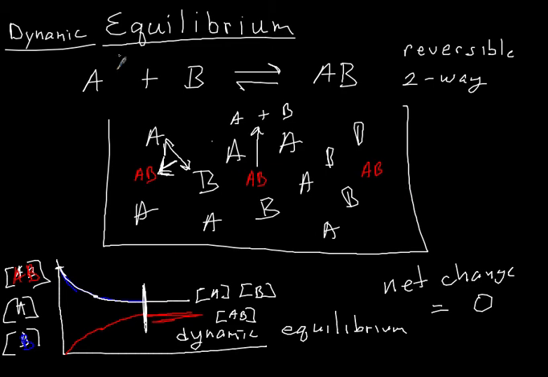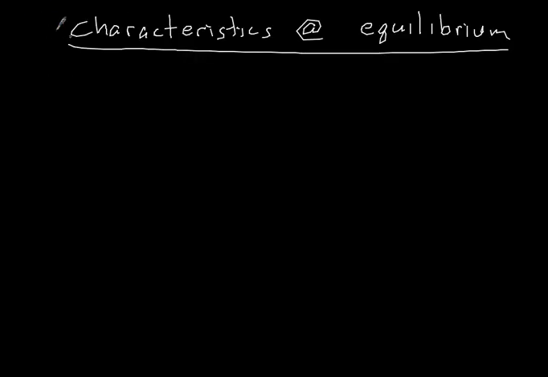And so that's kind of your basic equilibrium concept. It's not overly difficult to understand, but some people have a little bit of difficulty with it. Let's talk about some characteristics at dynamic equilibrium, and that will be it for today. So some things that you just need to kind of know. The first characteristic at equilibrium is that the forward rate is equal to the reverse rate.